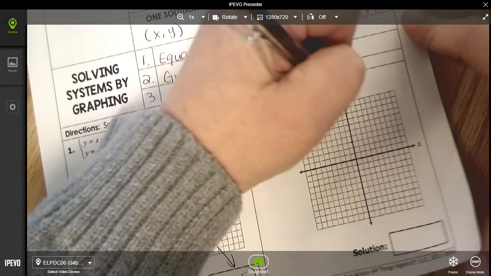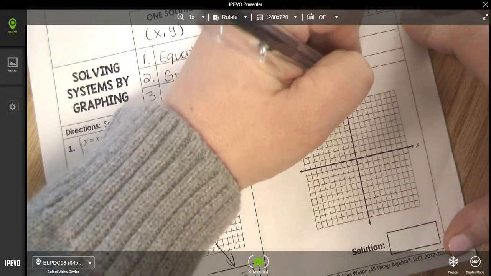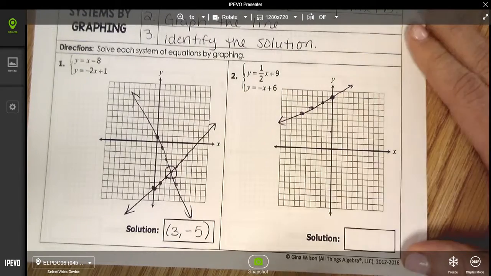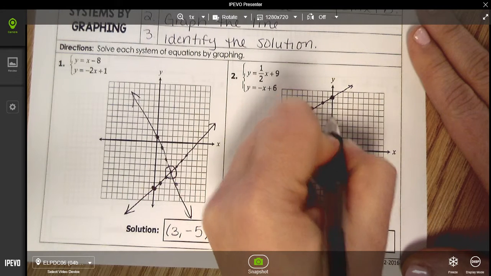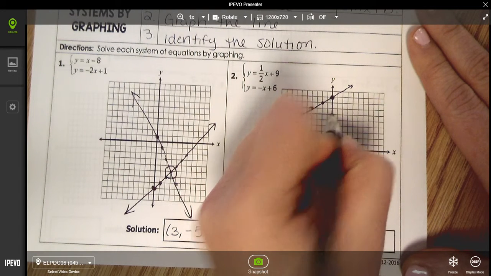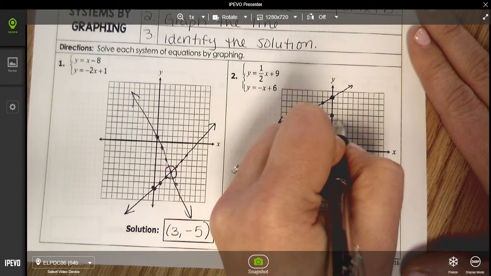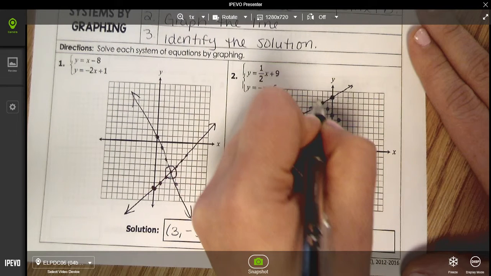And then again, connect your points. And our second one is negative x plus 6. So let's go up 6. Put your point. And your slope is negative 1, so that means we're going down 1 to the right 1, or up 1 to the left 1.